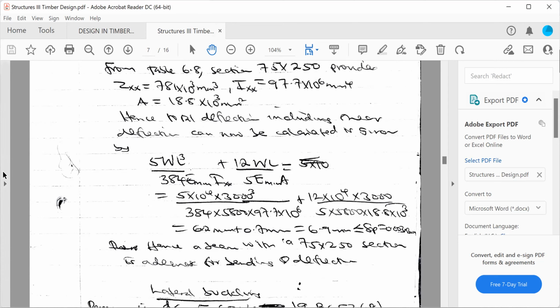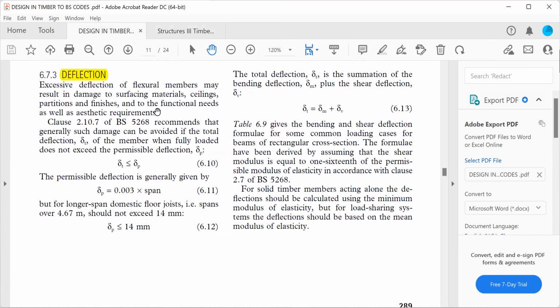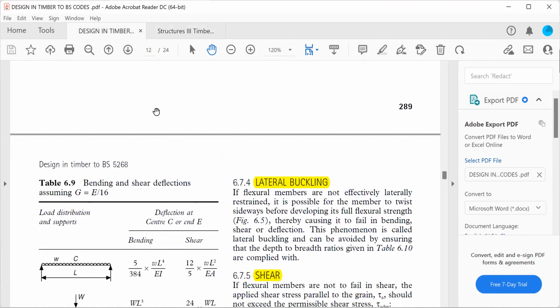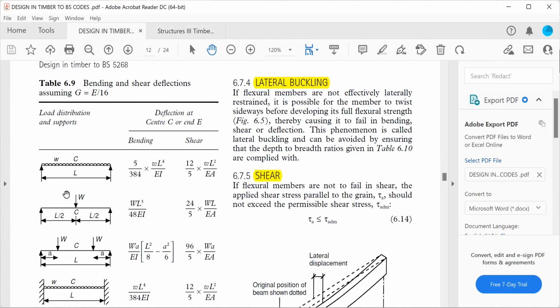So if you want to see deflection formulas, I can show you here. Now, this way we obtain deflection formula. So we have the deflection here formula. Maybe if we have a uniformly distributed load is 5/84 times WL power 4 by EI.